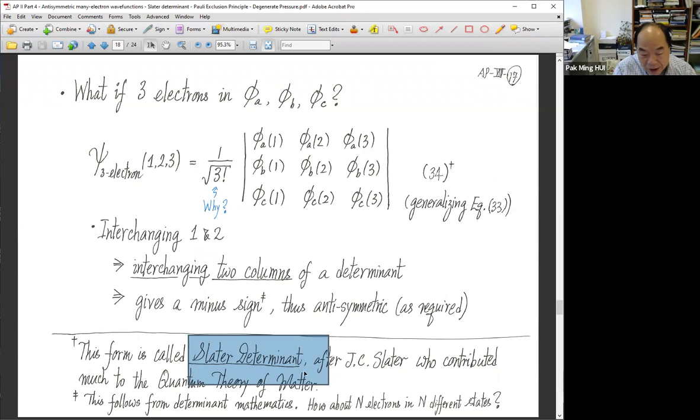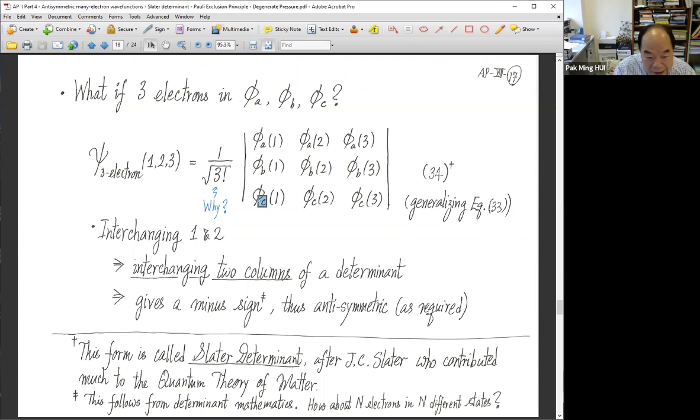That is the way to implement the antisymmetric requirement when we have solved the single electron states. This may be 1s up, 1s down, 2s up, for example, lithium ground state. That is the way to write it out.